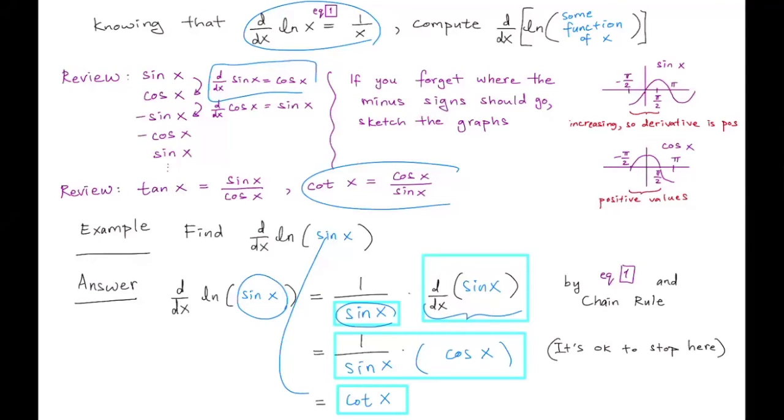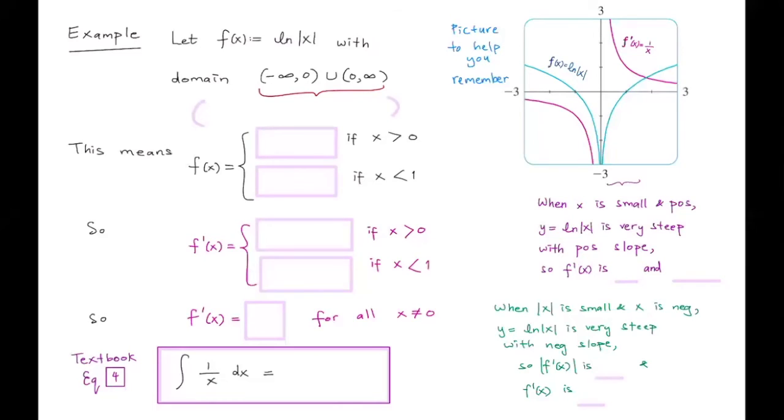In the next slide, we will use equation 1 to help us compute some integrals. Now, instead of working with the natural log of x, we're working with this function, natural log of the absolute value of x. This means that we can input negative numbers.